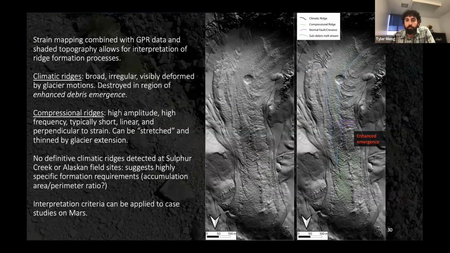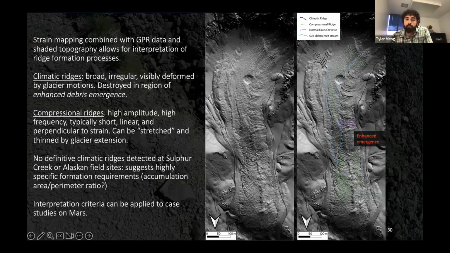So here I just wanted to show this map showing my interpretation of the origin of these ridges using a hill-shaded topography map. I'm interpreting that most of the ridges on Galena Creek are compressional in nature. The only ones that I've interpreted as climatic ridges are these broader ones, which I'll show on the non-annotated version.